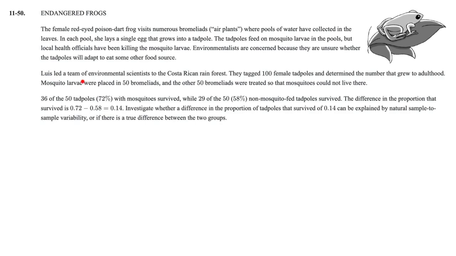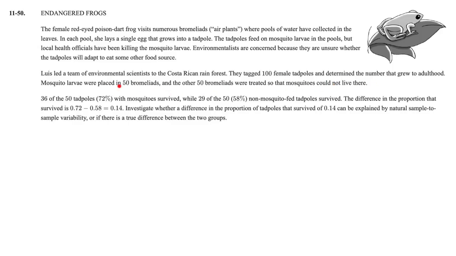So Lewis led an environmental scientist to the rainforest, and they tagged 100 female tadpoles and determined the number that grew to adult. Mosquito larvae were placed in 50 bromeliads, and the other 50 were treated so that mosquitoes could not live there.